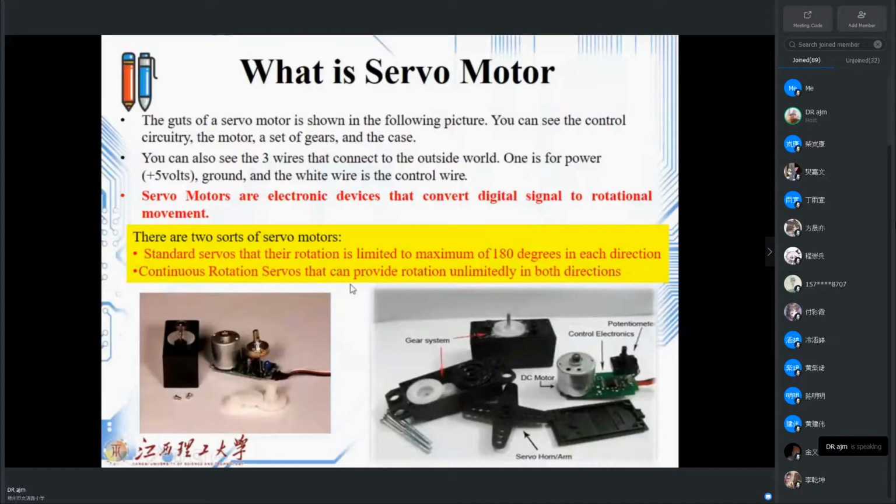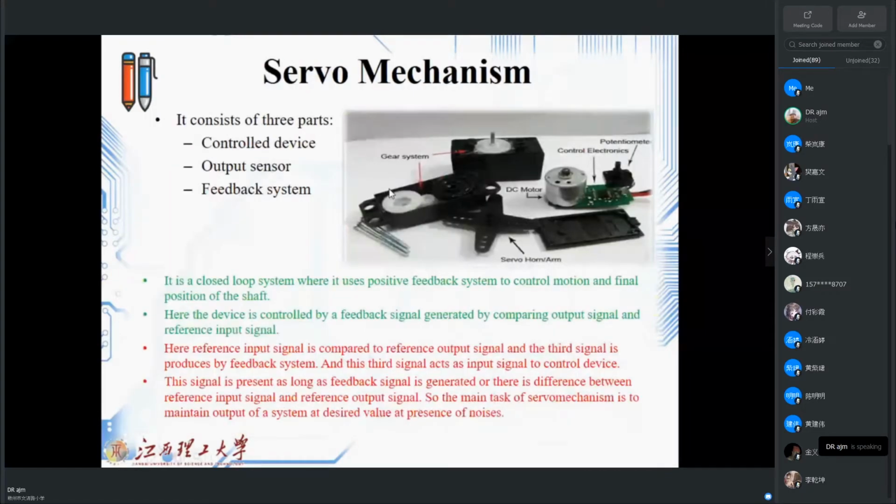These are the types of servo motor that we can have. Then, as I told you, we have three parts inside our servo motor, which are the control device, output sensors, which should tell us that we are in the proper position, and another one, the feedback system.